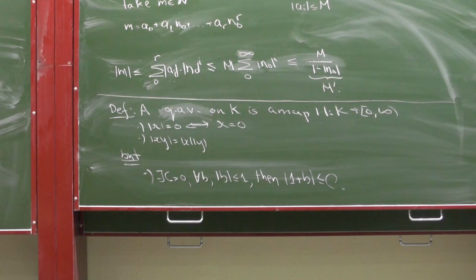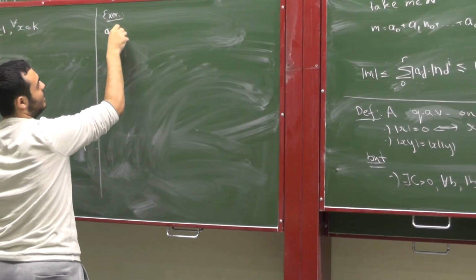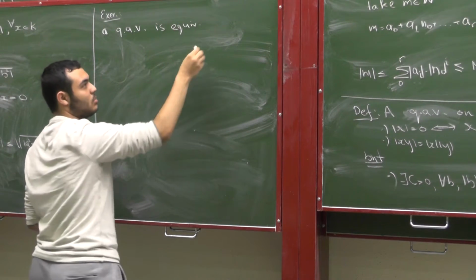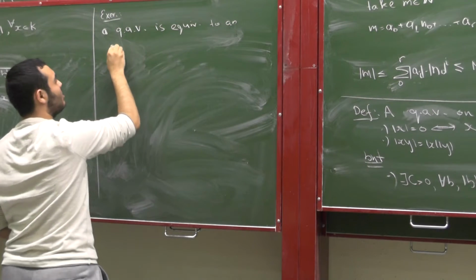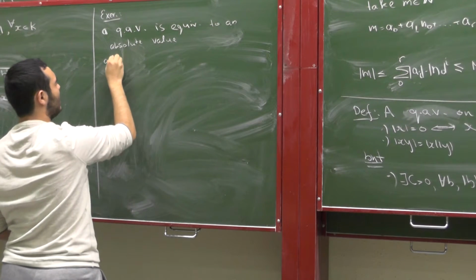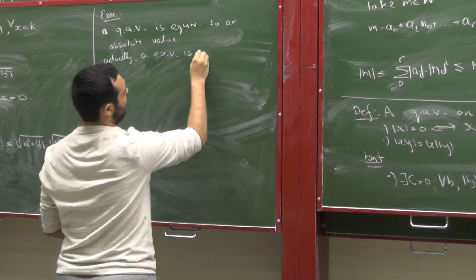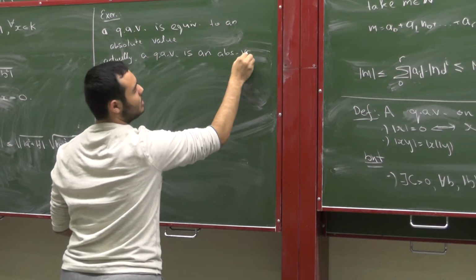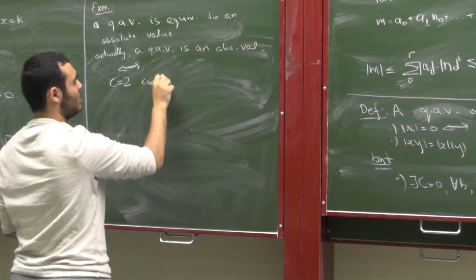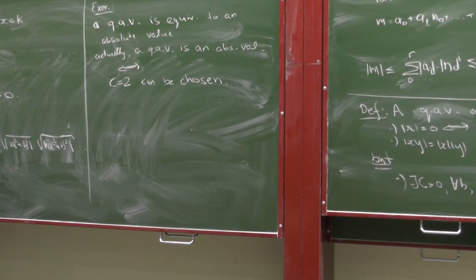Exercise, this is not too hard, but I will give hints: a quasi-absolute value is equivalent, meaning I raise it to some power, to an absolute value. Actually, a quasi-absolute value is an absolute value if and only if C equals 2 can be chosen. What do you mean by equivalent?